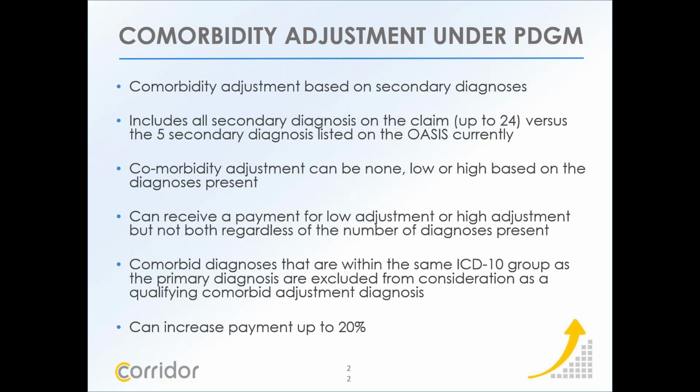Well, now the second code that falls into the same category doesn't count towards your comorbidity. So that's something to remember when you're looking at this. But a comorbidity adjustment can actually increase your payment by up to 20%. So it is important to be aware of it, and understand that gathering that information and making sure it's getting onto the plan of care and making it to the claim is even more important than ever before. Next slide, please.